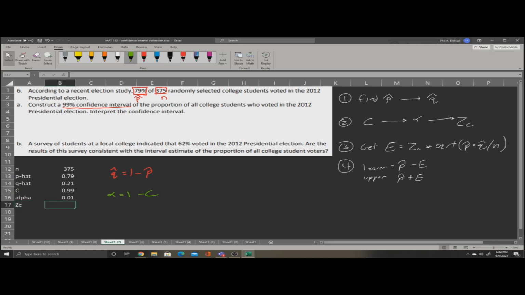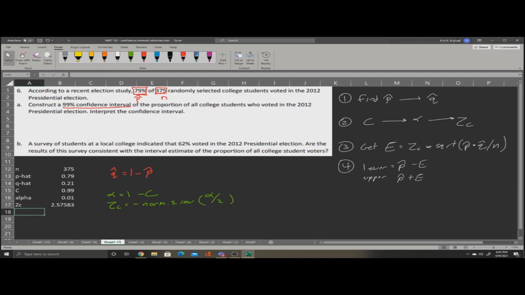Our z-critical will be negative norm S inverse of alpha divided by 2. So we'll say equals negative norm S inverse, click the alpha and divide it by 2 and press enter. This will give us our z-critical.